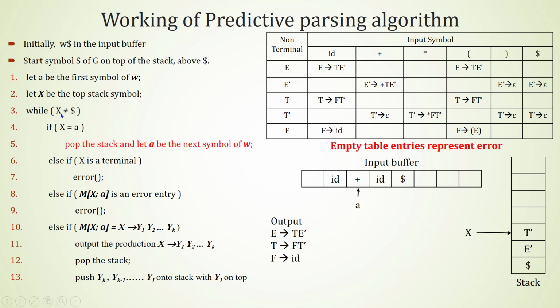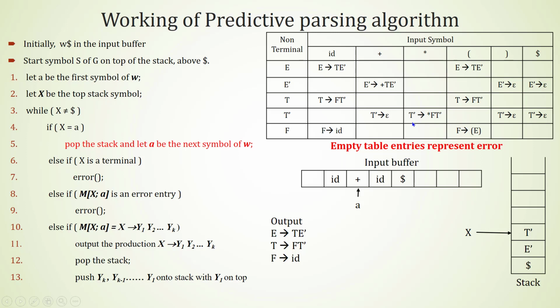Again, we will check whether X is not equal to $, X equal to A. X is T', A is plus, so this is also false. X is a terminal, that condition is also false because X is T'. M[X, A] means T', plus.